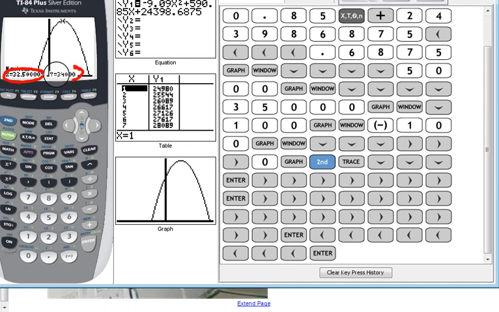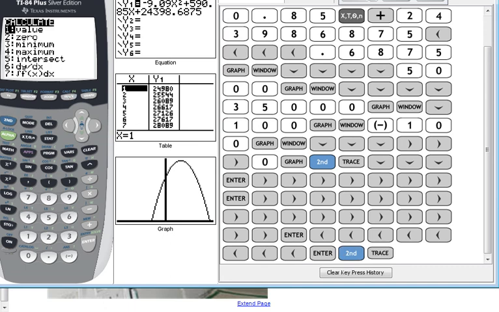First, I'm going to erase this garbage up here. Once again, we're going to calculate something. So press second trace, which is the calc button. We're not going to calculate a zero, a minimum, or a maximum. We're going to calculate number 1, a value. That value being 77.5. So press enter right on number 1.